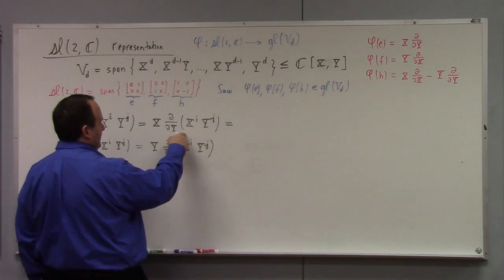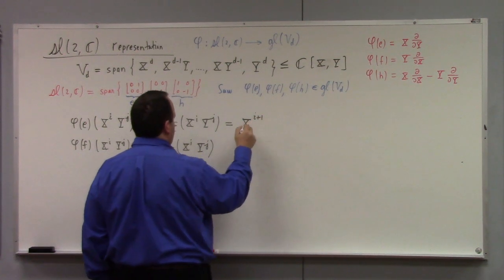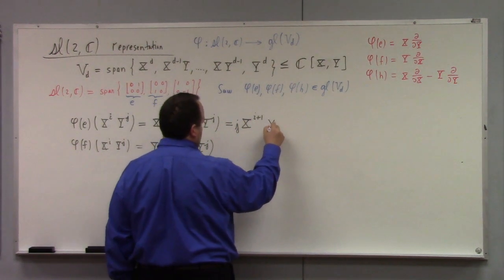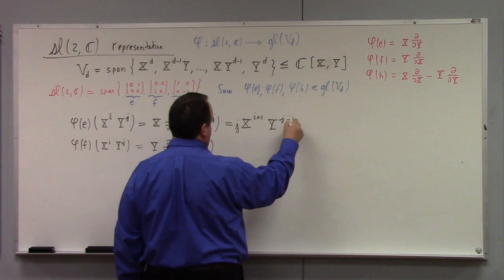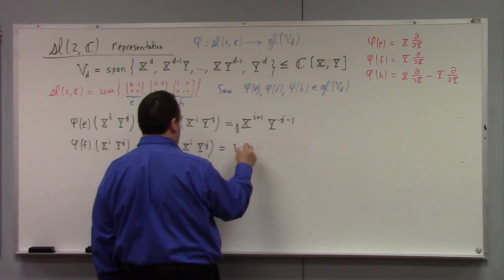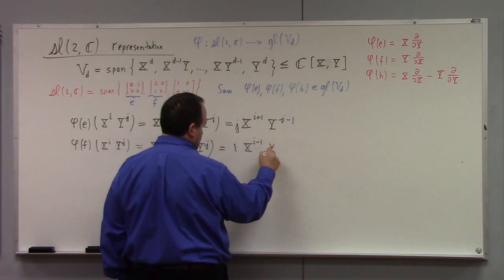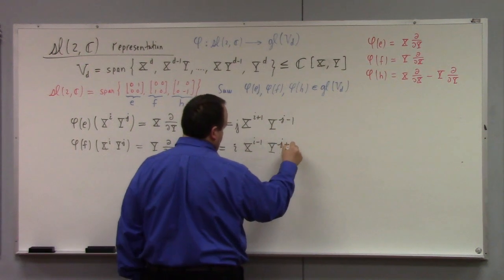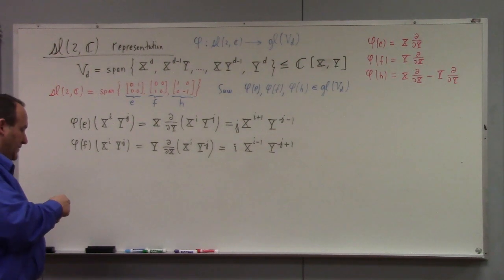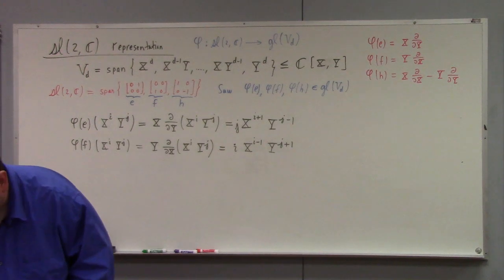This one gives us j times x^(i+1) y^(j-1). And this one gives us i x^(i-1) y^(j+1). And then you can figure what those mean for the matrices.